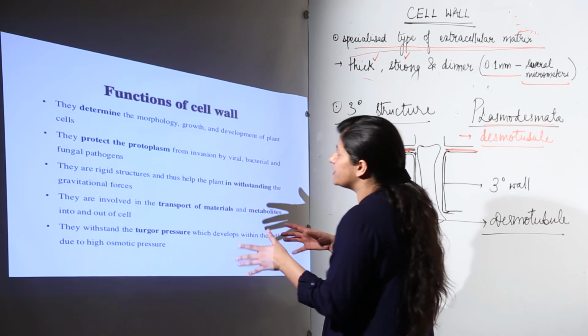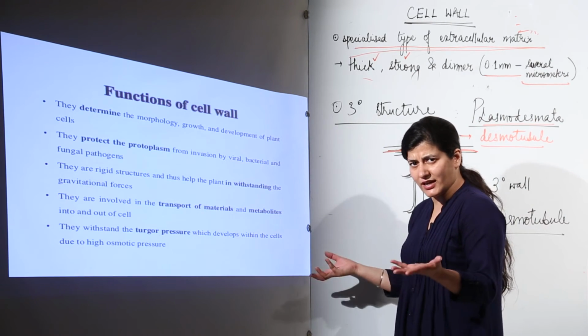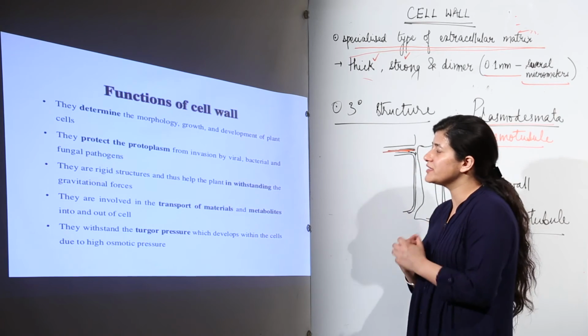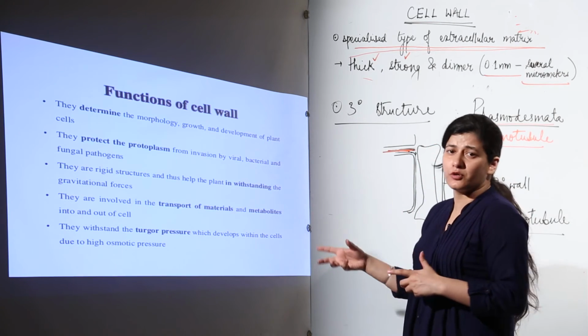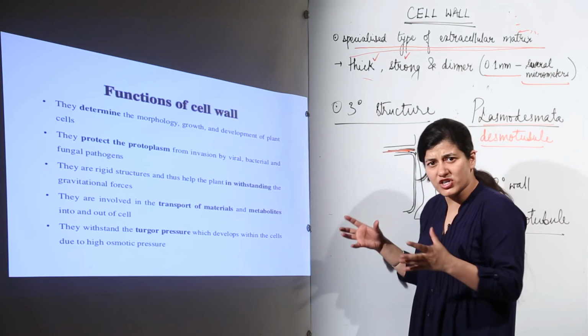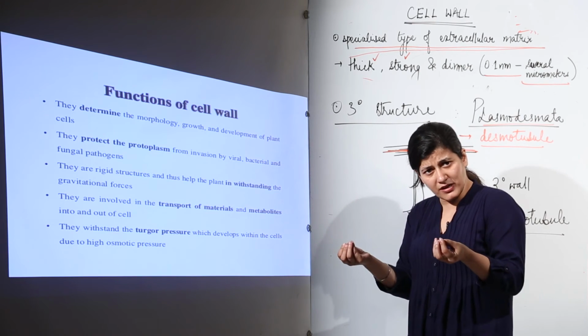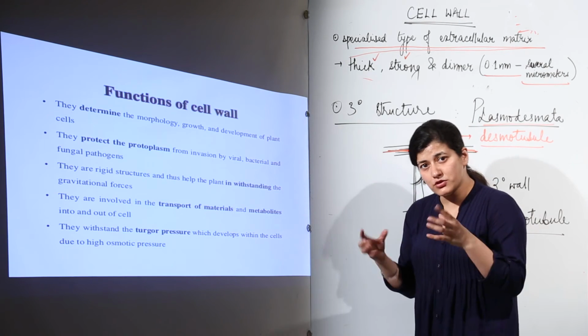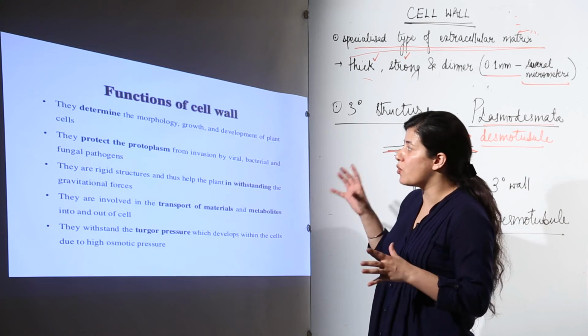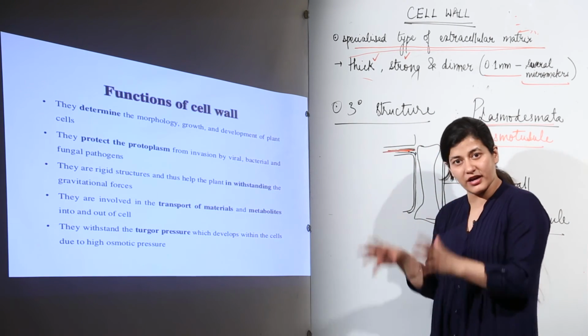First of all, they determine the morphology, growth and development of plant cells. We have talked about it, that they are responsible for providing rigidity to the cell. Second, they protect the protoplasm. That is quite obvious because it is a hard structure. Cellulose is a hard structure. Such a meshwork is formed that, though it is quite permeable to almost everything, it does provide protection from viral, bacterial and fungal pathogens.